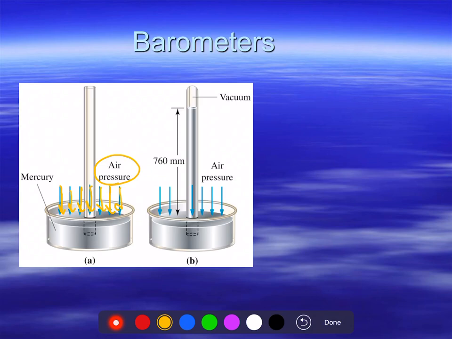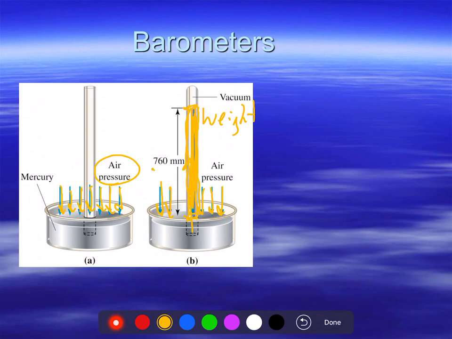So this air pressure pushes mercury up, and this column of mercury right here has a weight that's equal to the pressure that's being pushed down here. So the weight of this column of mercury causes a pressure that's equal to the atmospheric pressure.